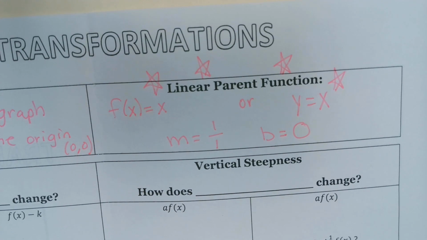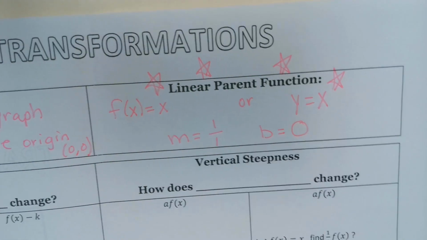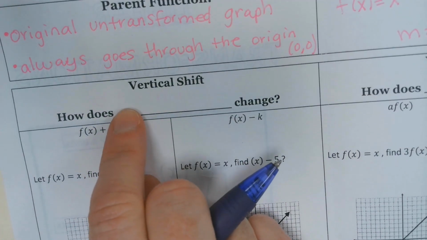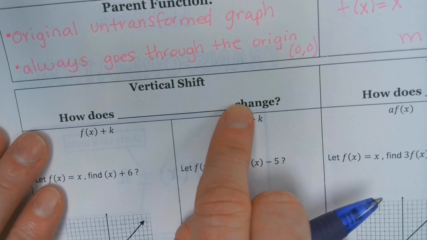So we're going to look at all the 3 transformations and then one that has many transformations on it, like all 3. We're going to look at them separately. We're going to graph them in the calculator, graph them on paper. Don't forget, we're comparing it back to our linear parent function. All right, so the first thing we're going to look at is the vertical shift. Vertical means up and down.